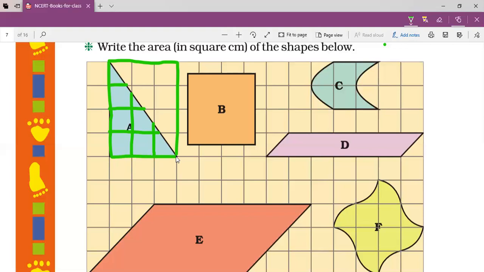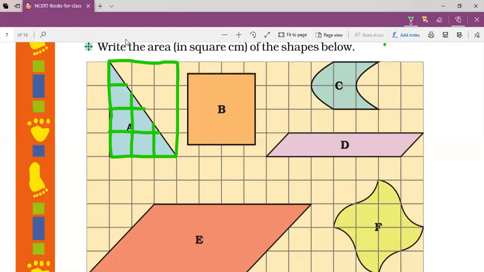Yes, it is half of that rectangle. So half means what we will do: we'll find the area of this rectangle and then divide it by 2, because the triangle is half of the rectangle, and then we'll get the area of that triangle.